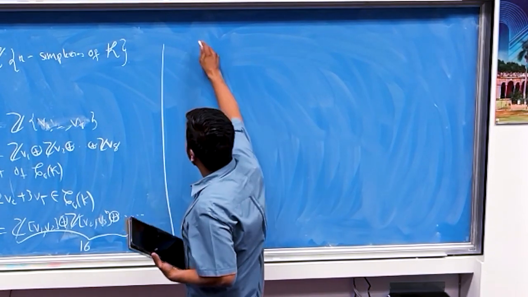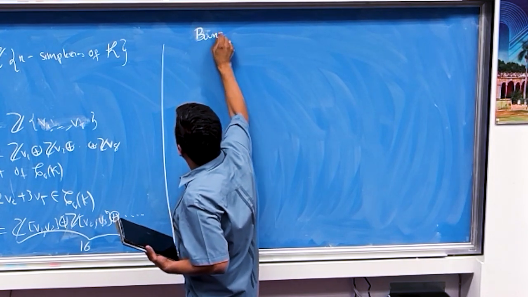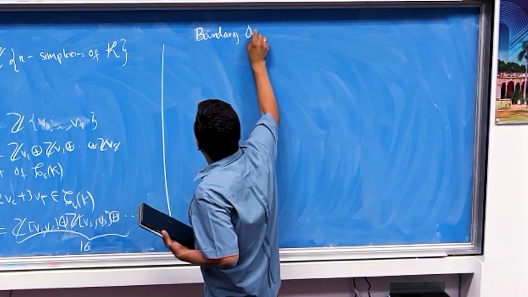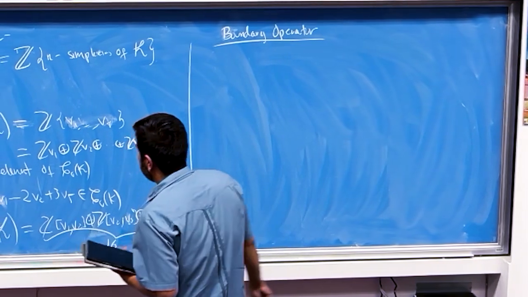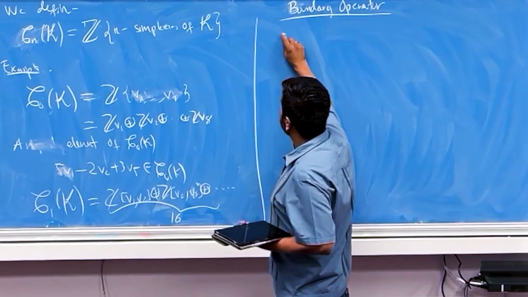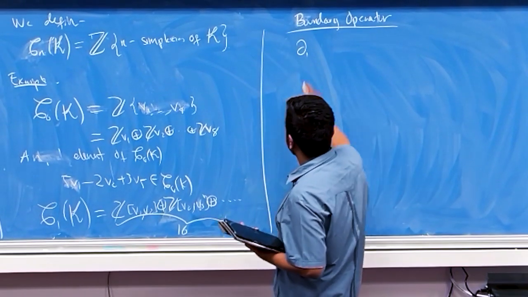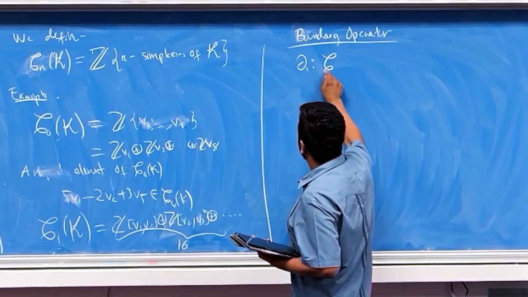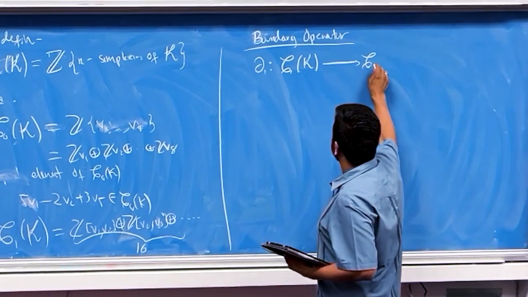So, and well, we define a boundary operator. We're gonna start with the one that is the simplest, which is the operator that goes from C1 of K to C0. Okay.